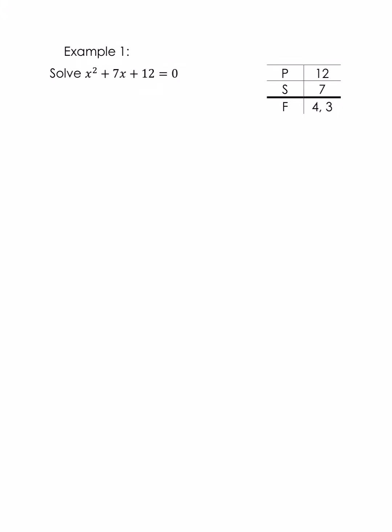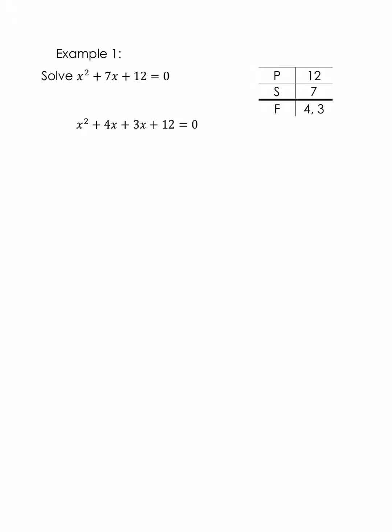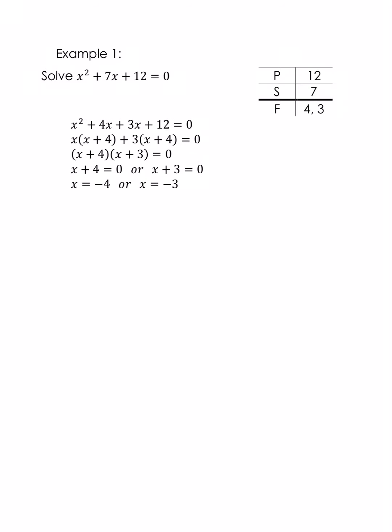If we had an example of x squared plus 7x plus 12 equals 0, the quadratic's already equal to 0, so we could use PSF. The product is 12, the sum is 7, giving us factors of 4 and 3. So we split the middle term, 7x, into 4x and 3x, and then solve by grouping in pairs.